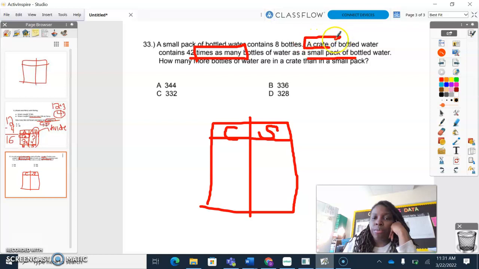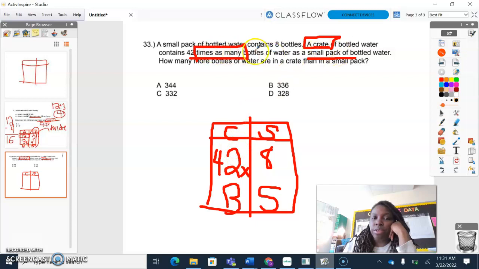It says a crate of bottled water contains 42 times. So what would 42 go under? Good. So we have 8 and then 42 times. Don't forget the X. Now, which one's big and which one's small? This is big and this is small. So what do I have to do?